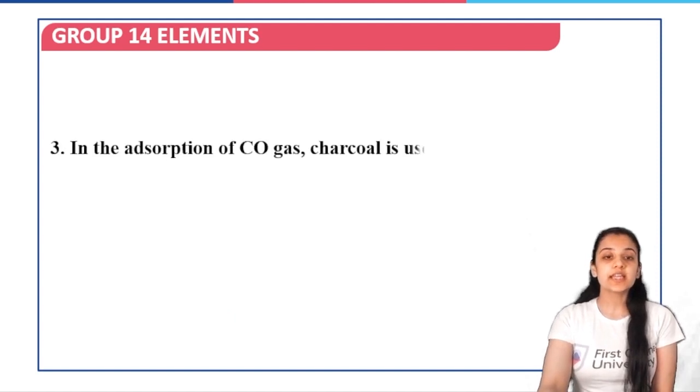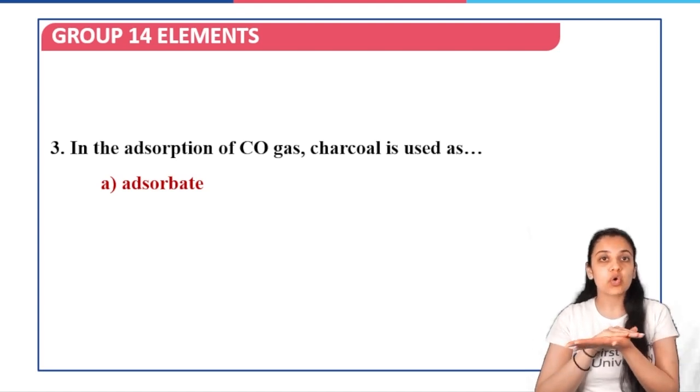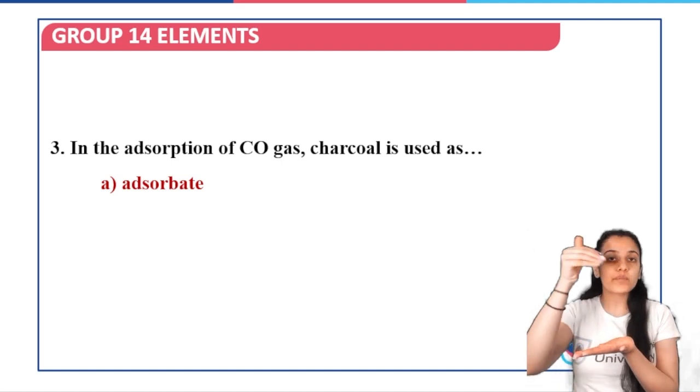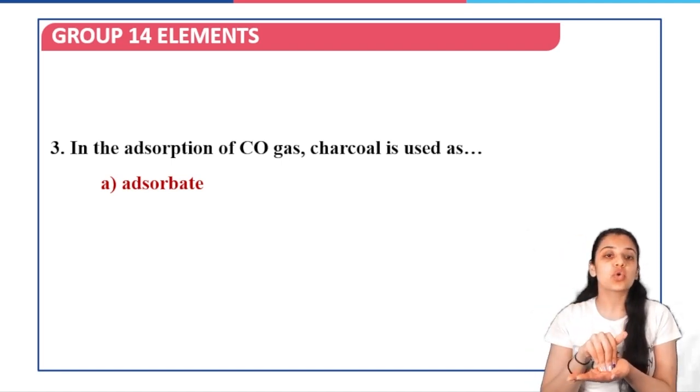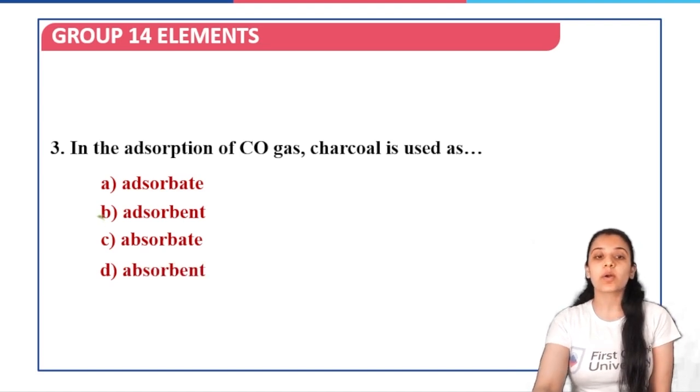Next question is, in the adsorption of CO gas, that is when carbon monoxide needs to be adsorbed, charcoal is used as what? The one which is adsorbing is the adsorbent, and the one which is getting adsorbed is the adsorbate. So charcoal is adsorbing, so it is the adsorbent. Option B is the correct answer.